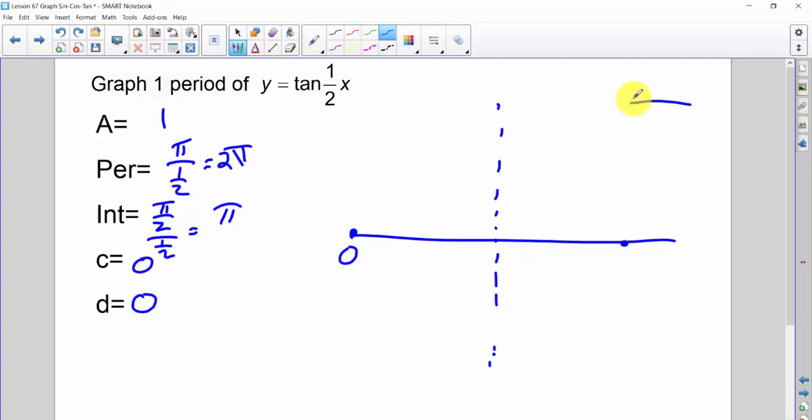Normally, we know that this is all going to happen from 0 to pi, but now these are all going to be divided by a half. So instead of this term here being pi over 2, it's now pi. Instead of this value being pi, it's going to be 2 pi. And then the tangent graph will look exactly the same, always increasing.